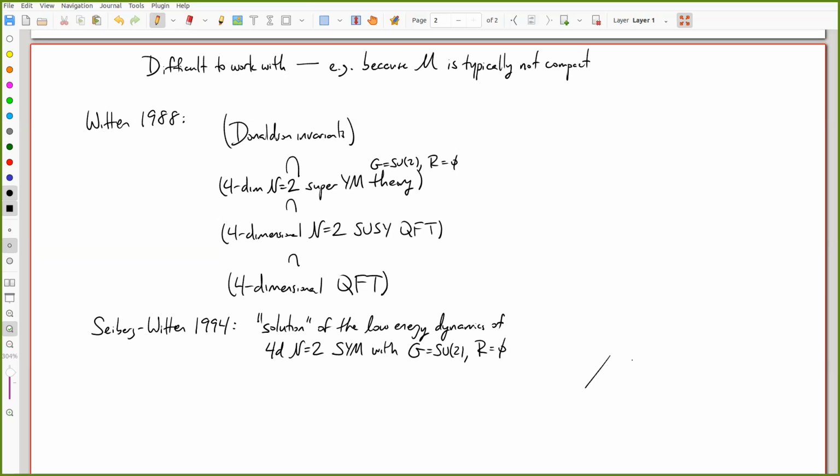And their solution, as I'll describe, rather remarkably had to do with a complex integrable system over the plane, with two singular fibers like this.